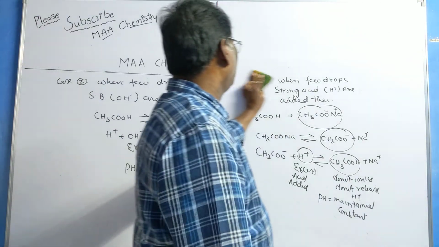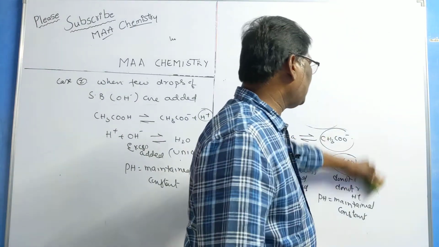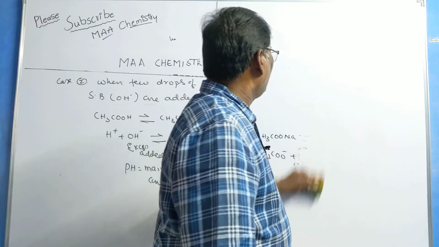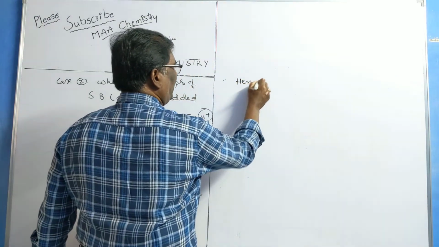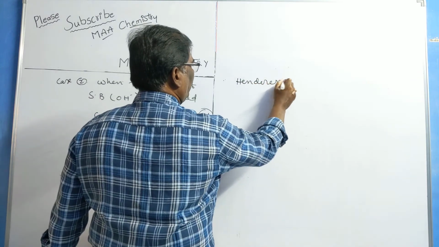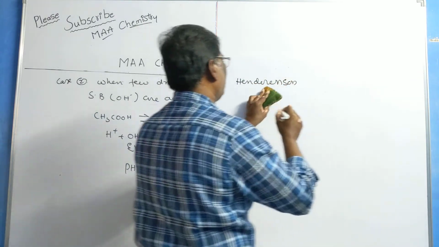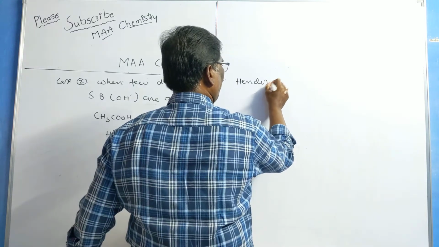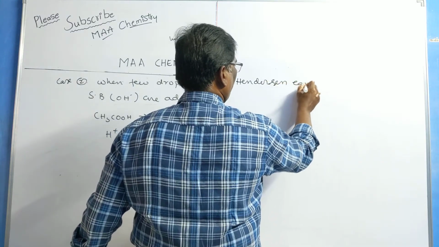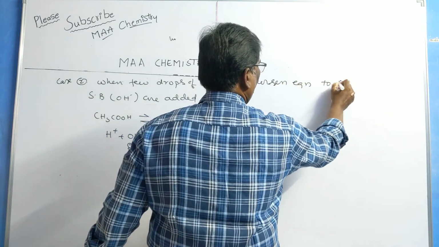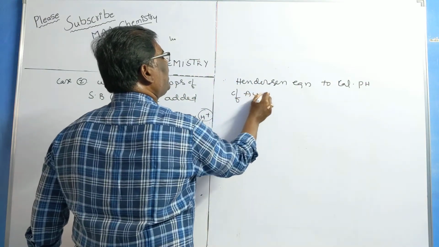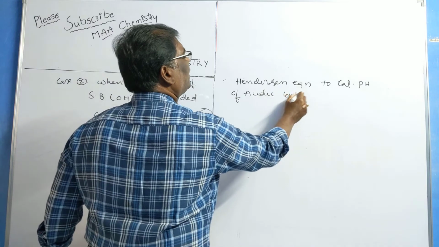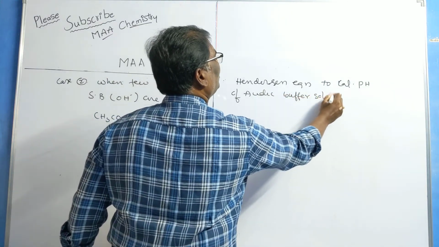Now we are going to discuss the Henderson equation to calculate the pH of an acidic buffer solution.